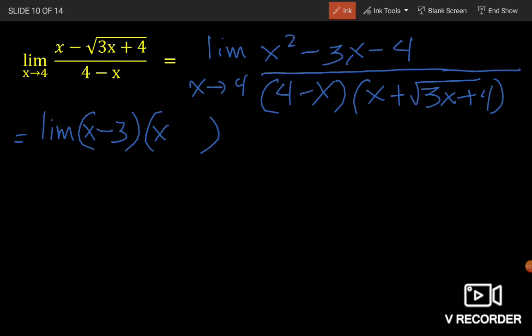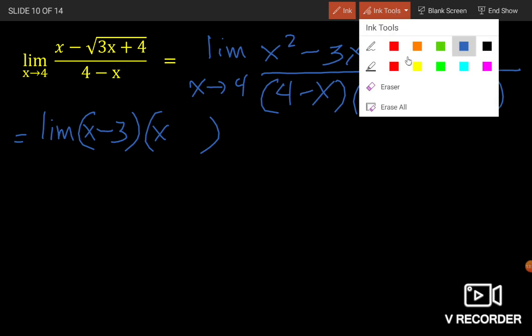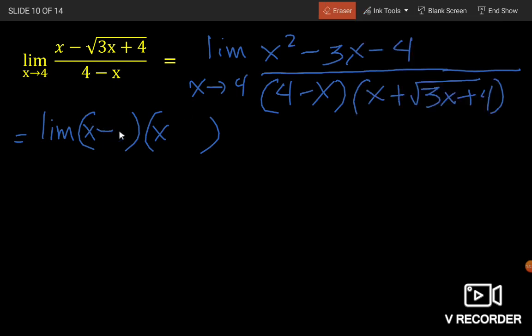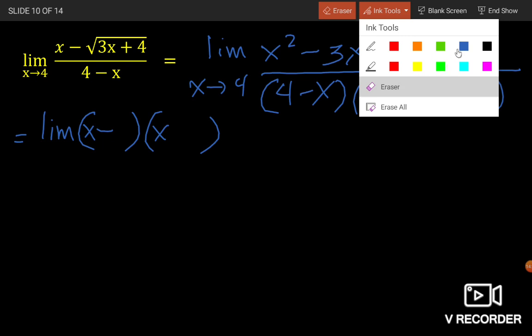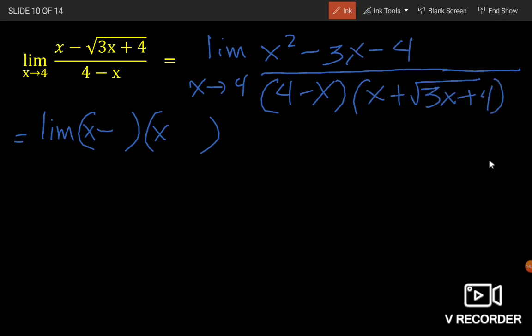Let's say negative 4 and plus 1. So x times x will be x squared. Negative 4 times 1 will be negative 4. Negative 4x plus 1x, you'll get negative 3x. So this is correct. So divide this now by our expression 4 minus x multiplied by x plus square root of 3x plus 4.